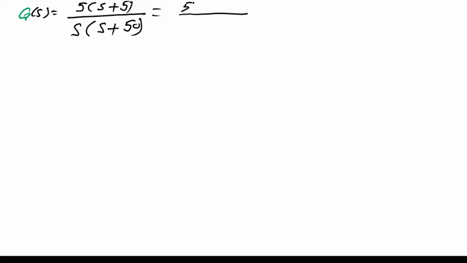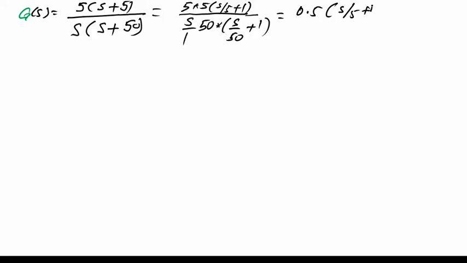This is 5 times 5 times S over 5 plus 1, over S over 1 times 50 times S over 50 plus 1. So now I have 5 times 5 over 50, which gives 0.5 times S over 5 plus 1 over S times S over 50 plus 1.